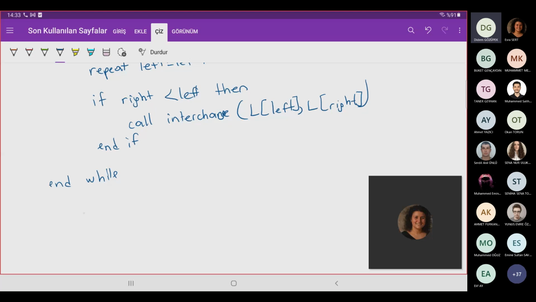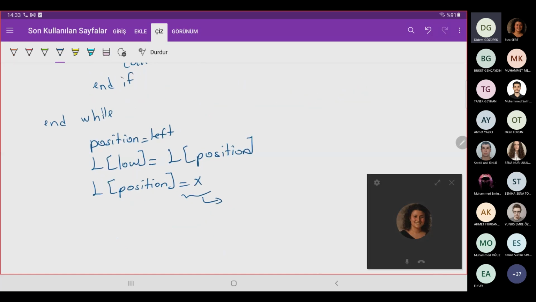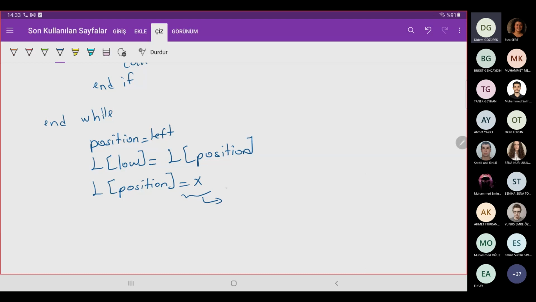Position is equal to left, and low is equal to L position, and L position is equal to X. Correct position of the pivot element. Let me remark here. And then end.